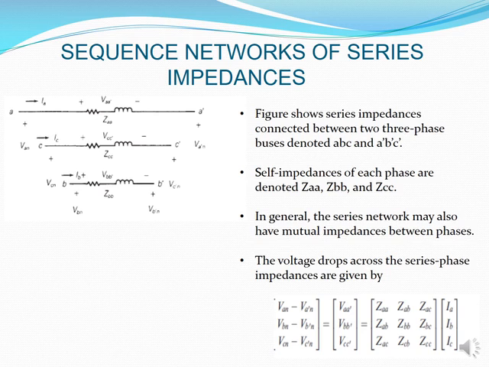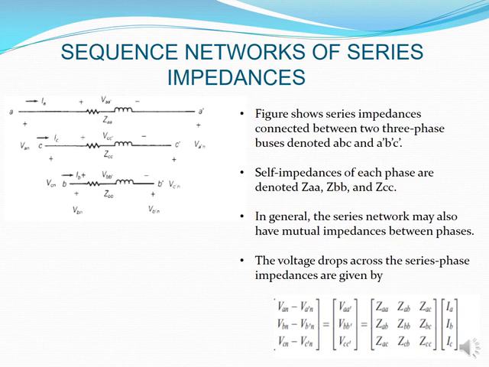In general, the series network may also have mutual impedances between your phases. So you can have impedances between your A, B, and C network and your A apostrophe, B apostrophe, and C apostrophe. At the bottom they have written it so that we can see if we have that combination as well.